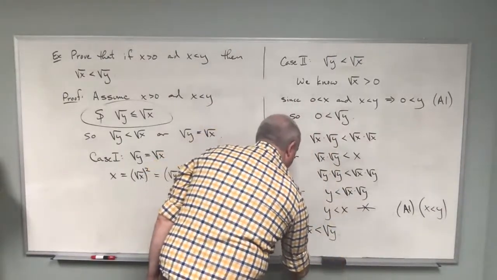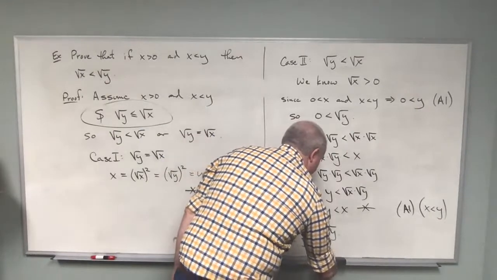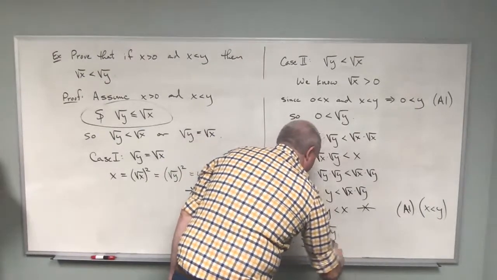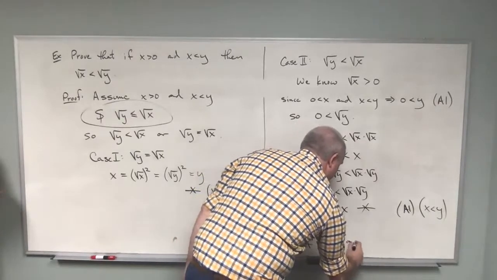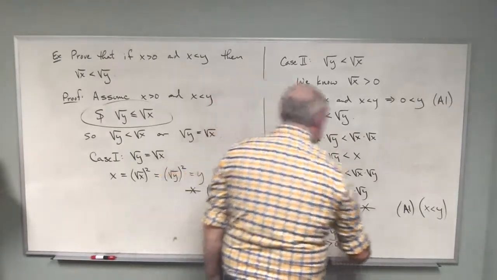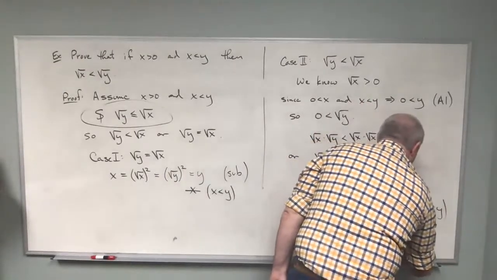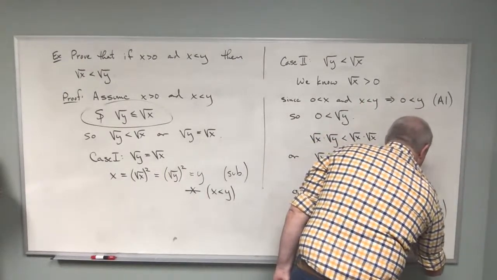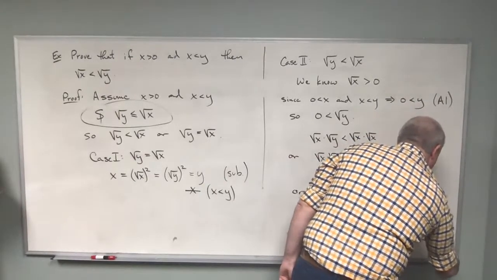And therefore, if x is greater than 0, and x is less than y, then the square root of x must be less than the square root of y. And we're done.